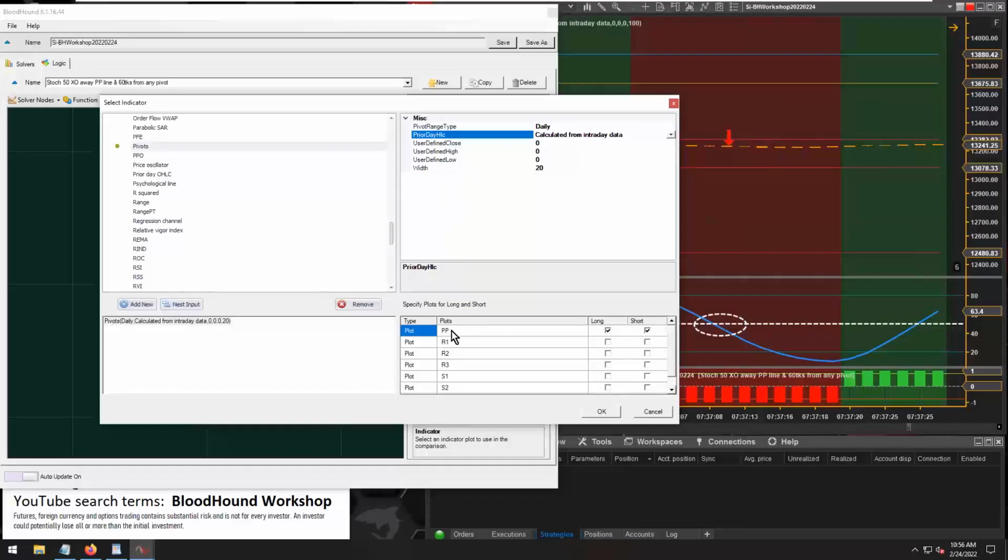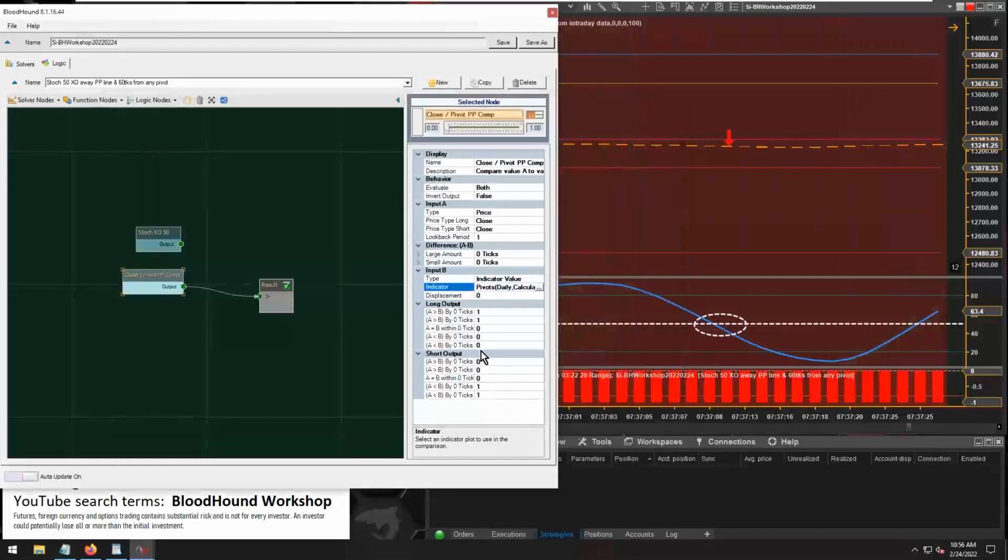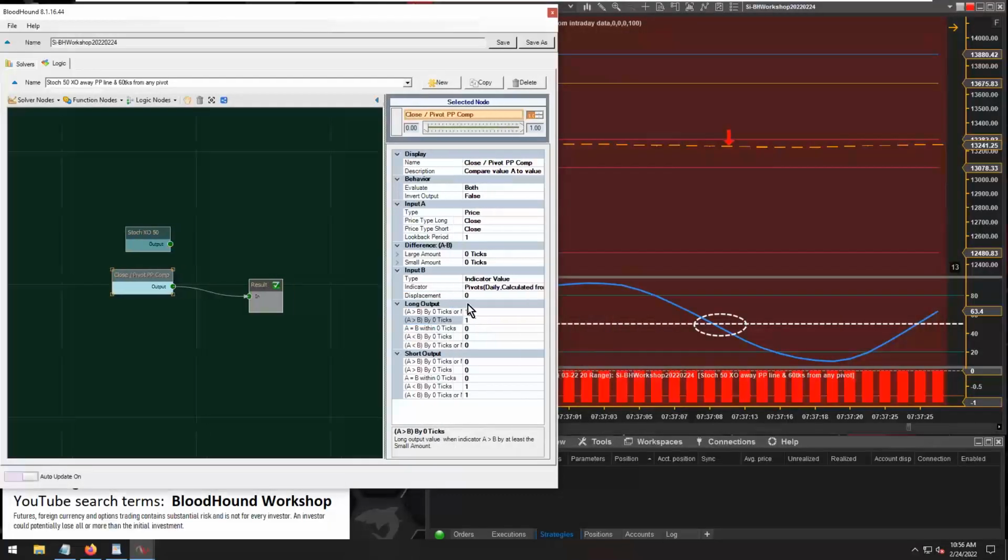All right. So we have the pivots indicator loaded, and we want to compare against the PP line, which is already selected for us. So we're good there. And the default output settings are already correct, what we want here, right?